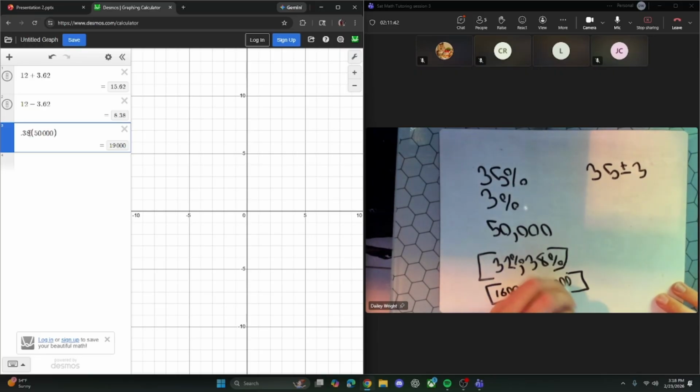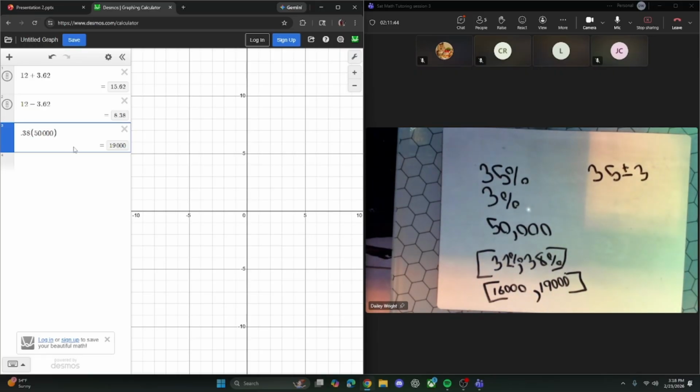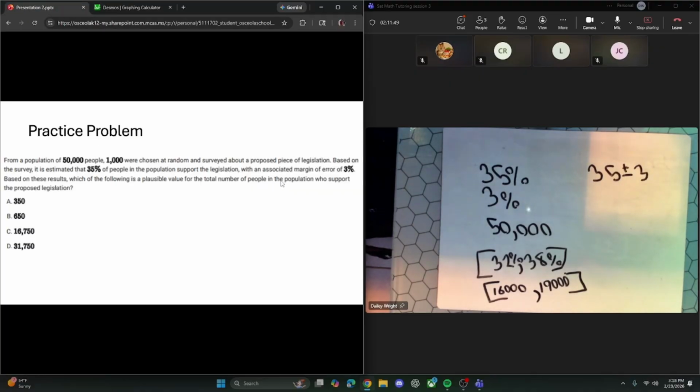So, if we go back to our skeleton sentence, it is plausible that the total number of people in the population who support the proposed legislation is between 16,000 and 19,000. So let's see which of the values are plausible here. Well, 350, 650, and 31,000 are all not going to be in between our interval, but 16,750 will be in our interval. So that is going to be your plausible value in this case.